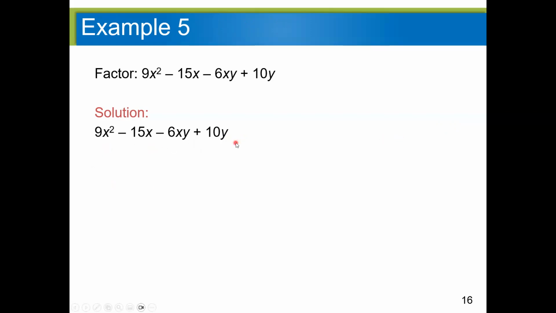I will tell you all 4 of those don't share any particular letter, right? The last 2 have a y, and the first 3 have an x, but no letter is shared among all 4 terms. So I can't easily just pull a letter out. Likewise, not everything shares a number, right?